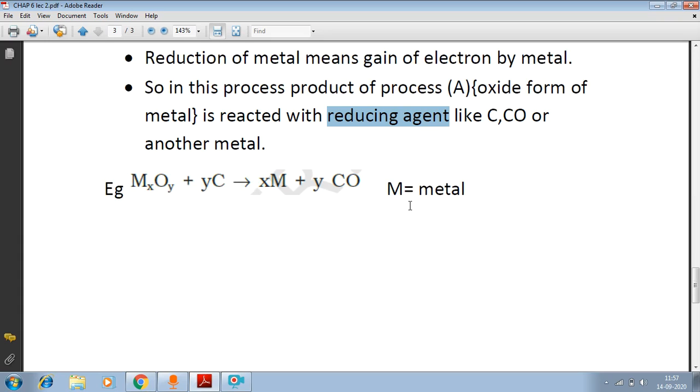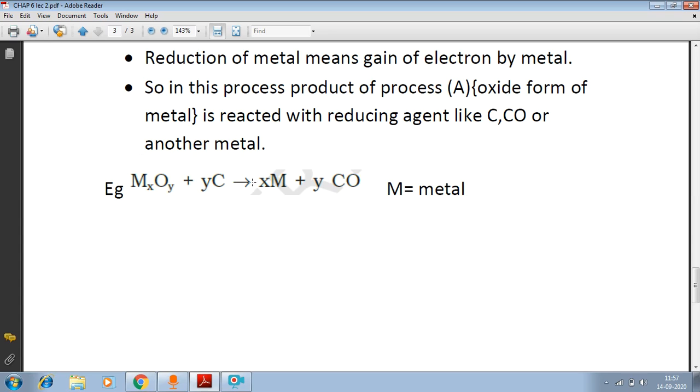Suppose M is our metal, so this is the oxide of the metal, MxOy. When it is reacted with carbon C, it will give us metal plus carbon monoxide. You can see the metal is losing oxygen, so it is a reduction process.